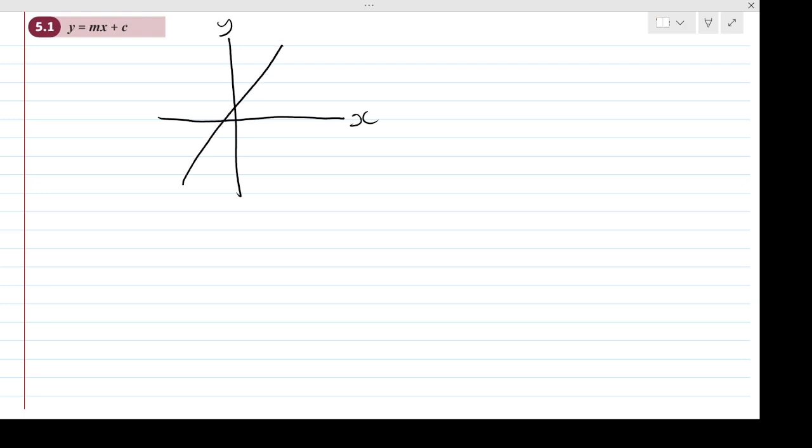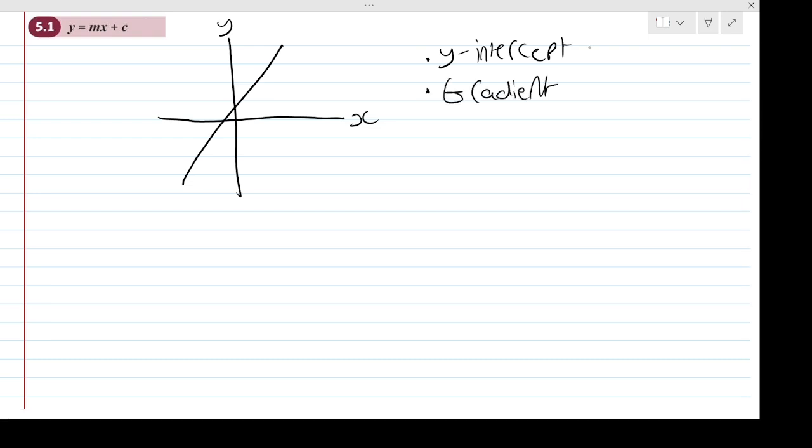Two key parts of a line are, firstly, the y-intercept, and that is the point where it crosses the y-axis. It has a point where it crosses the x-axis as well, but that's not as important. We'll go over that in a second. And it also has something called the gradient.